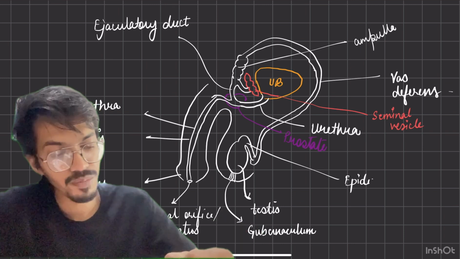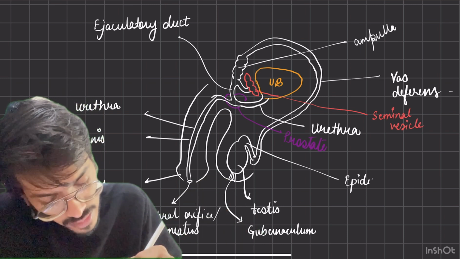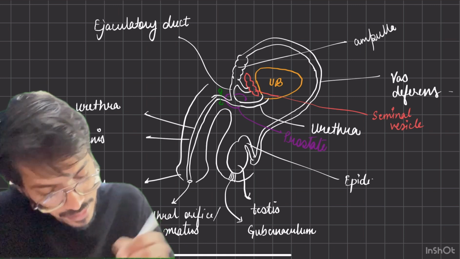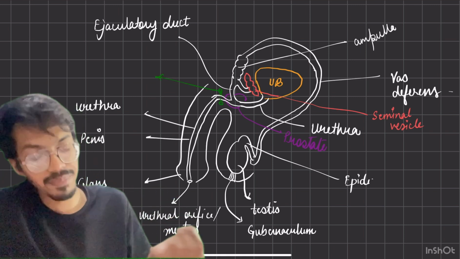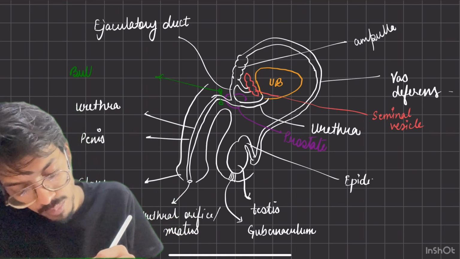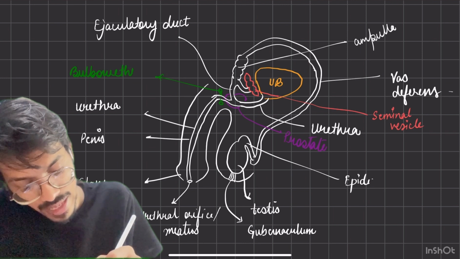At the base of the penis there is a pea-shaped paired gland, the bulbourethral gland.